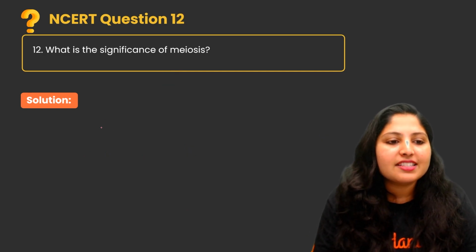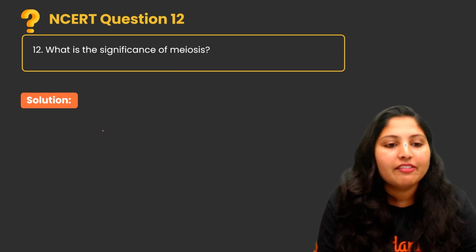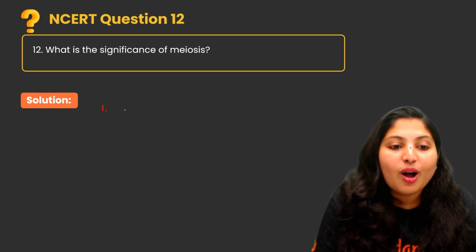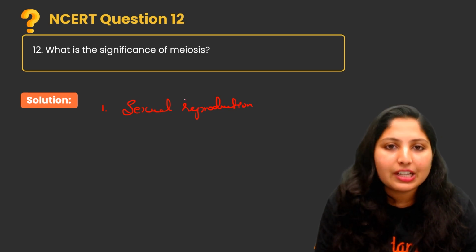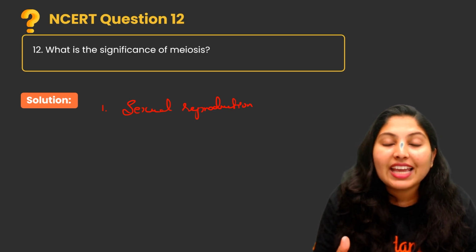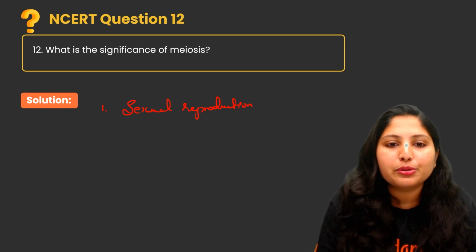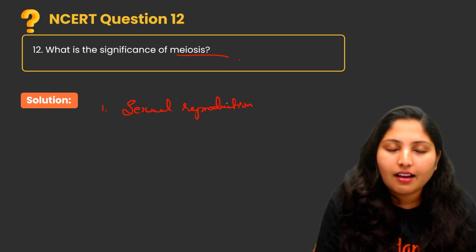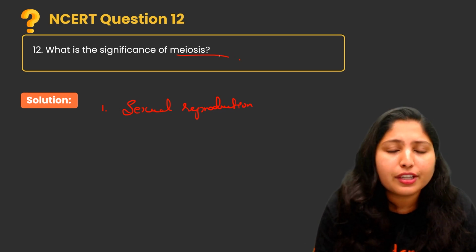What is the significance of meiosis? The main thing is that there is scope for sexual reproduction. In most advanced organisms, we can see sexual reproduction, and it happens mainly due to meiosis. If there is no meiosis, there is no reduction in the chromosome number.